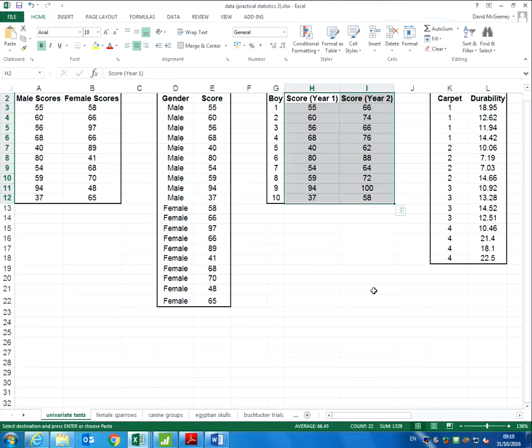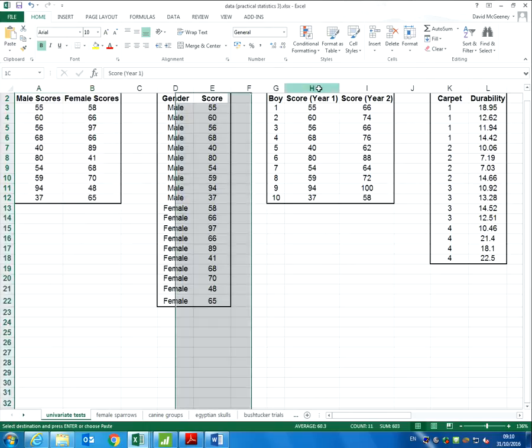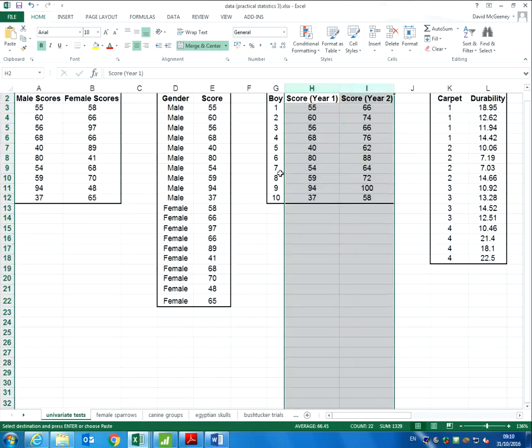Okay, second consideration. Columns A and B. Okay, how many samples have we got? Well, the name of the test, we know it's a 2-sample t-test. There's clearly 2 samples. But again, for the 10 boys, would you agree that you see 2 columns?